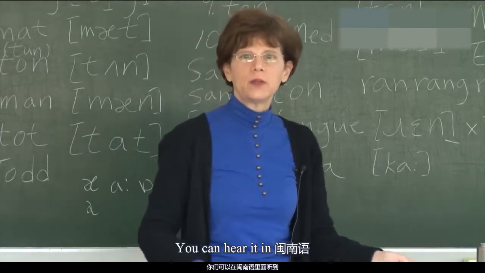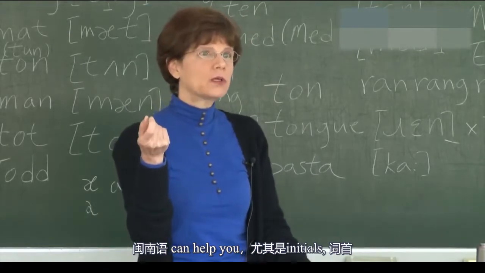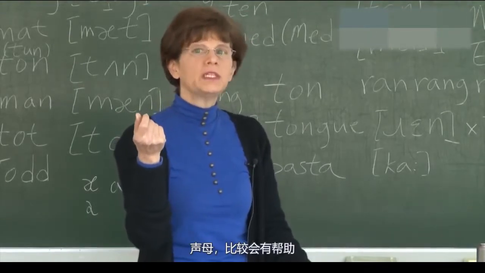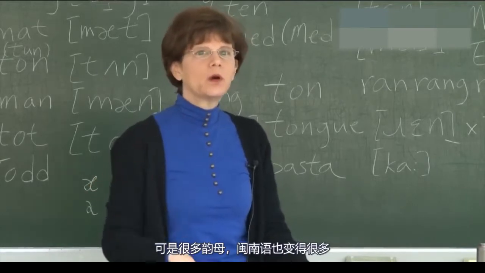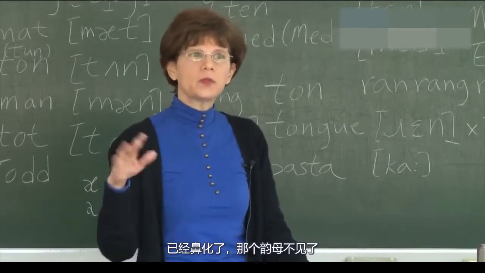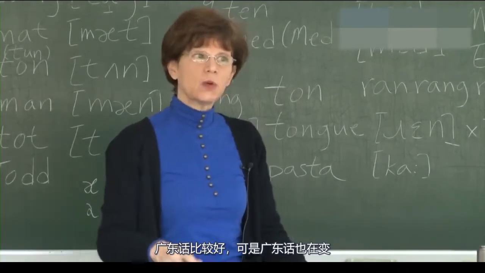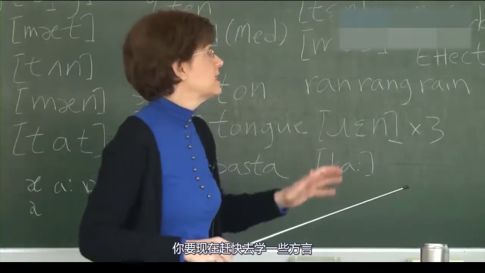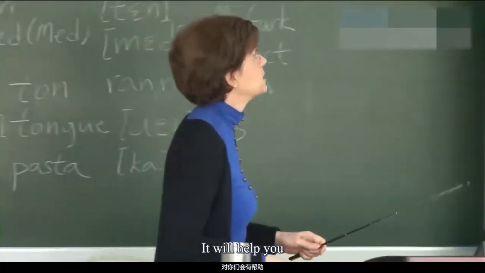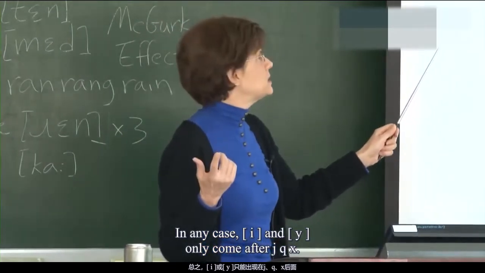You can hear it in 闽南语. 闽南语 can help you, 尤其是 initials, 词首、声母比较会有帮助。可是很多韵母闽南语也变很多，已经笔画了，那个韵母不见了，PTK 很多也不见了。广东话比较好，可是广东话也在变。All right. So if you want to find out, 你要现在赶快去学一些方言, it will help you. In any case, E and U only come after 机器西.